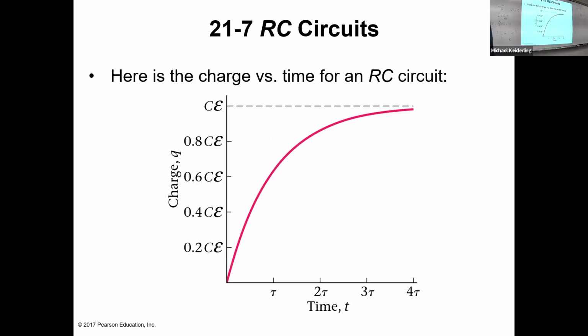So here's the charge versus time for an RC circuit. Looks like this. Yeah, I can do this for the one that doesn't have a voltage on it. I'm just having trouble remembering how to do it when you have the extra constant added. Here's charge versus time for an RC circuit. Charge is up.